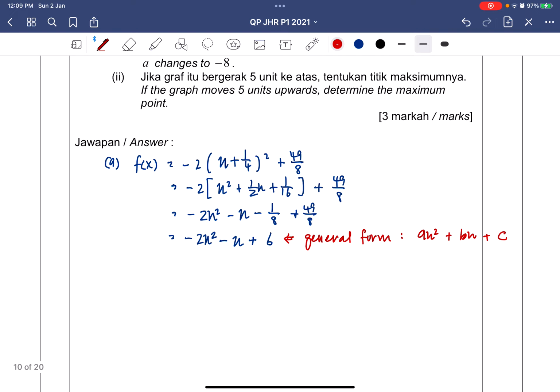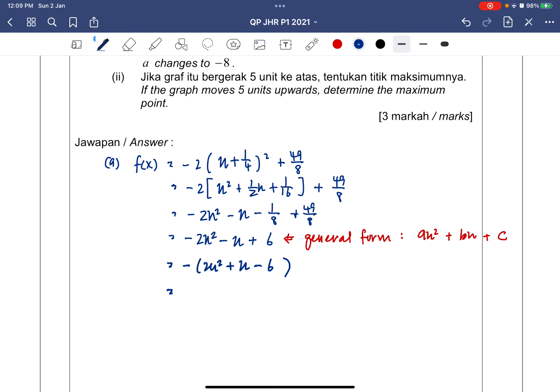And to factorize the general form, if you want to use a calculator, it will be much easier when we factorize out the negative first. So we factorize out the negative first to avoid making mistakes, okay? So I will factorize the negative out and get 2x squared plus x minus 6.